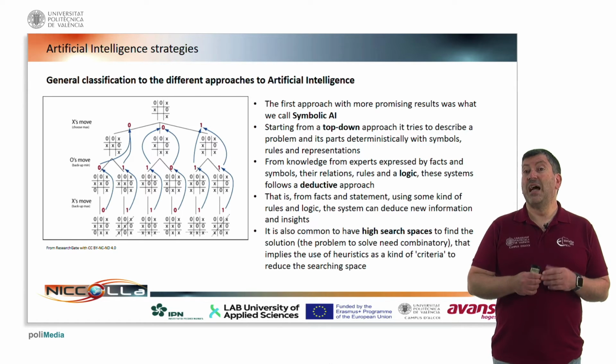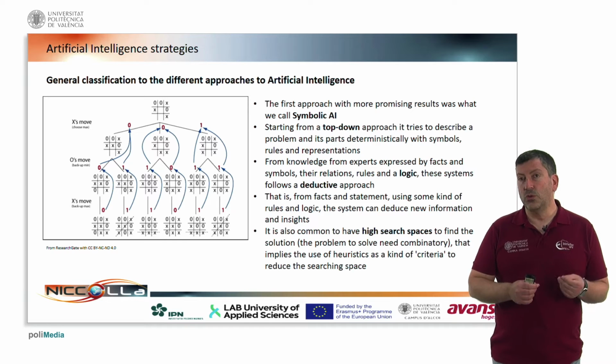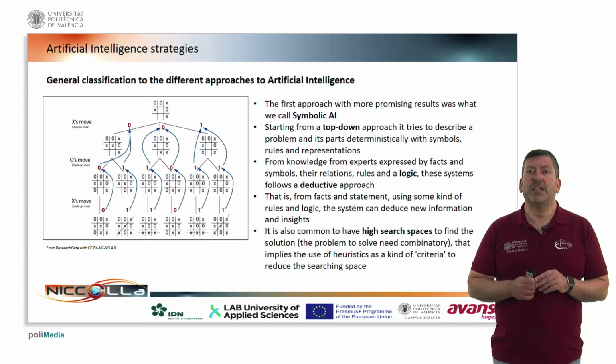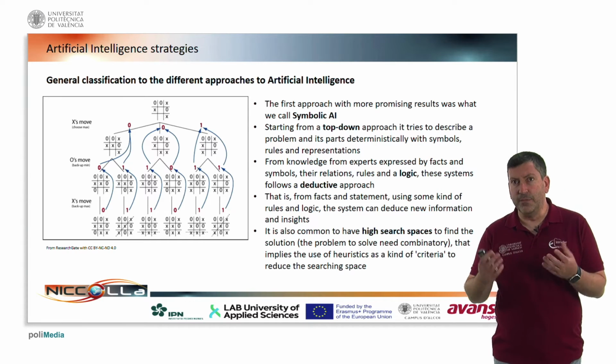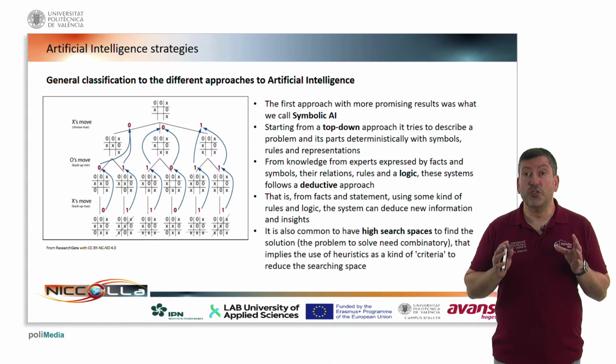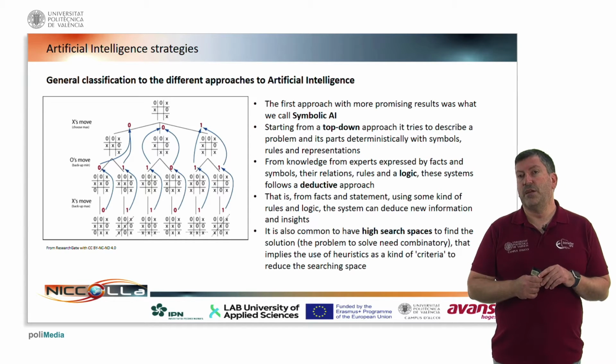Starting from a top-down approach, it tries to describe a problem and its parts deterministically with symbols, rules, and representations. So the idea is that from knowledge from experts, expressed by facts and symbols, their relations, rules, and logic, these systems follow a deductive approach.